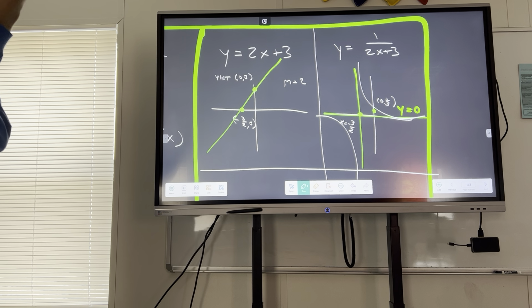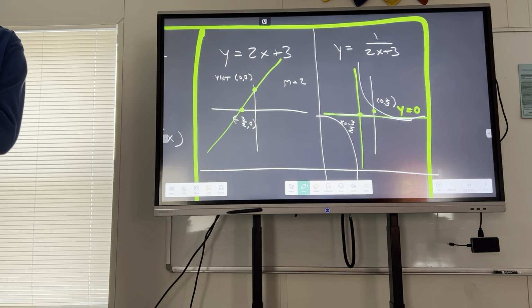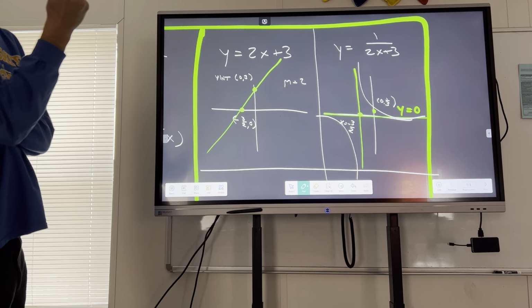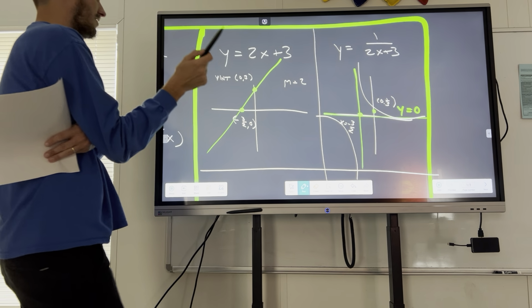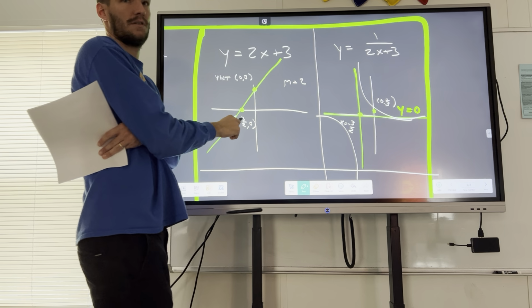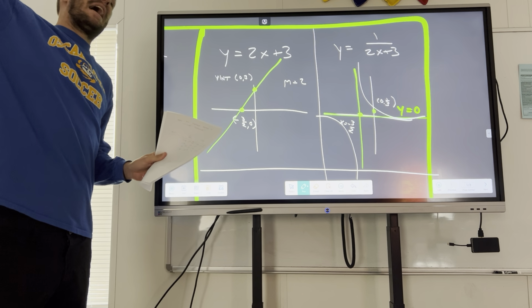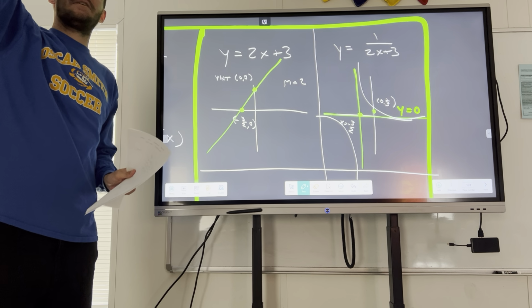However, are there numbers sticking around that seem familiar? Which numbers are sticking around that seem familiar? The vertical asymptote and the x-intercept. So here's basically what we're trying to connect today. Your x-intercept is where the top equals 0.